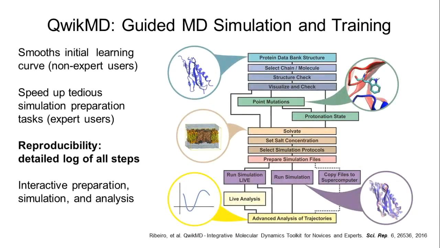We have another tool called QwikMD, which automates the process of preparing a simulation. It can take both raw structures out of the Protein Data Bank or from something like Molefacture, and it can add solvent and ions and all the other different tasks that a user might have to perform to get a simulation ready.